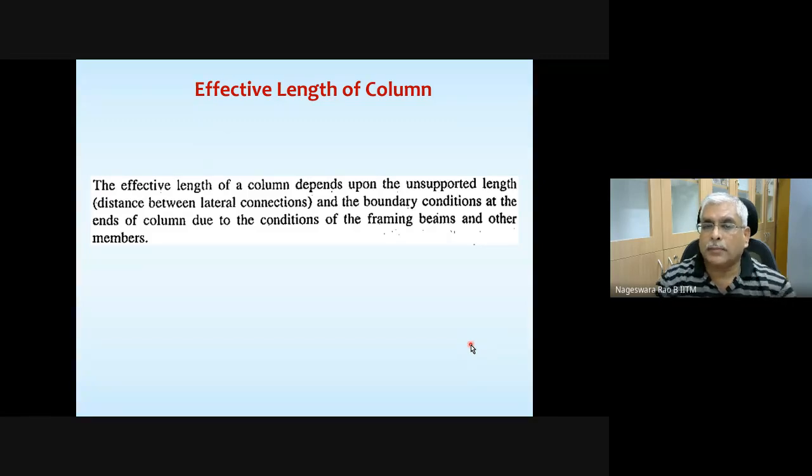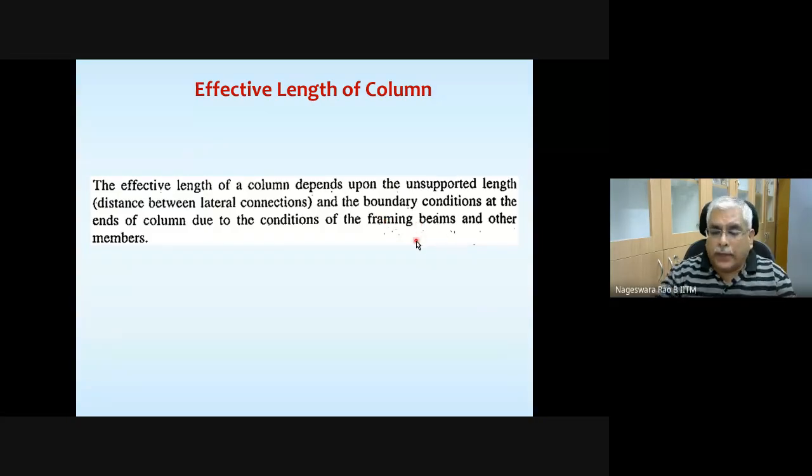Please make a note of it. Framing beams as well as other members, in the sense of the column on the top and other things.